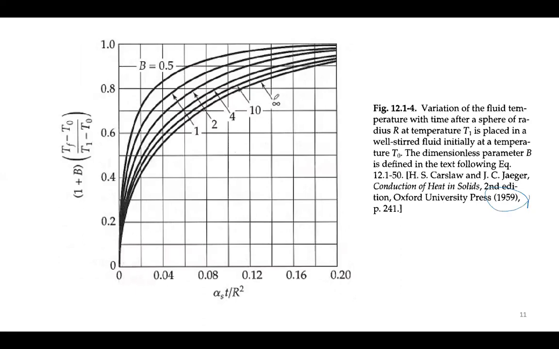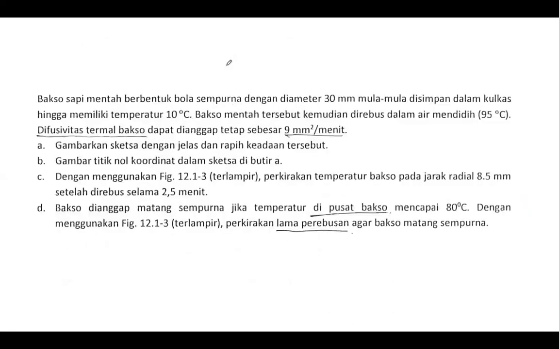So chemical engineers can use this as an approach, and just use this graph to calculate this one, yeah. And then there is also a dimensionless parameter that shows the difference of the temperature. Okay, now the last one for this case.